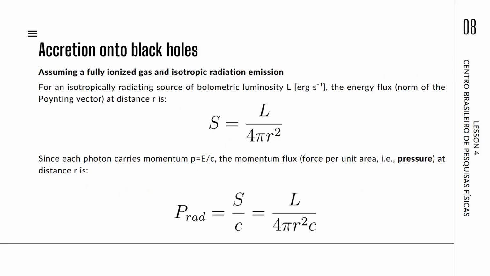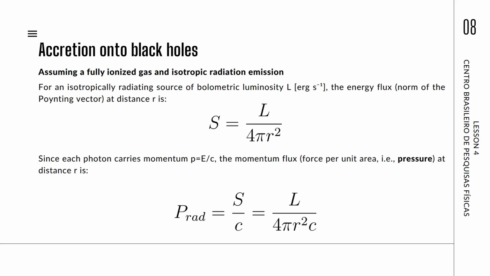So for an isotropic radiating source, the energy flux at a distance r from the source will be simply given by the luminosity of the source, which is in energy per second, divided by the area. This is the energy flux. But for photons, we know that the momentum of the photon can be written as the energy of the photon over c.